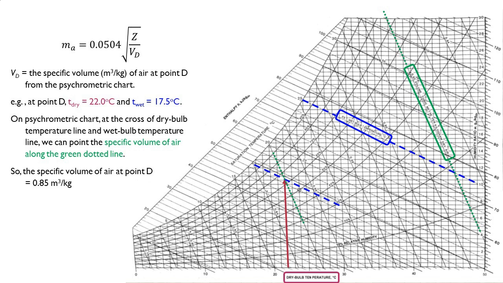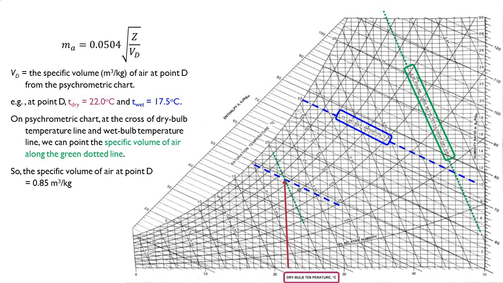For example, at point D, the dry bulb temperature is 22 degrees Celsius and the wet bulb temperature is 17.5 degrees Celsius. On the psychrometric chart, read the dry bulb temperature from the x-axis, 22 degrees Celsius, and draw a vertical line up. Read the wet bulb temperature on the inclined lines, like the blue dotted lines, around the middle of 17 and 18 degrees Celsius.